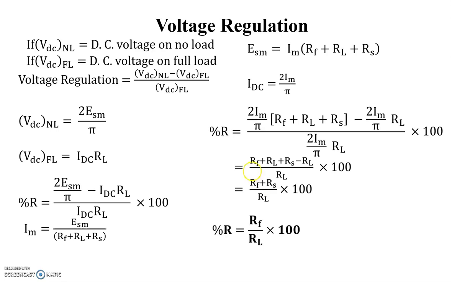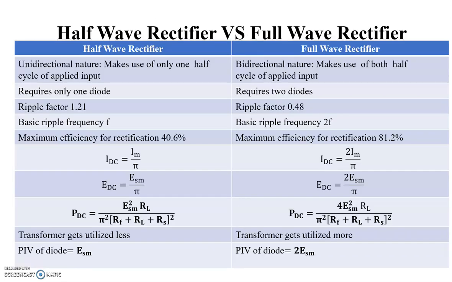Next we are going to compare the half-wave rectifier and the full-wave rectifier. So what is a half-wave rectifier? The half-wave rectifier is nothing but unidirectional in nature, that means it makes use of only one half cycle of the applied input. The full-wave rectifier is bidirectional in nature and makes use of both half cycles of the applied input.